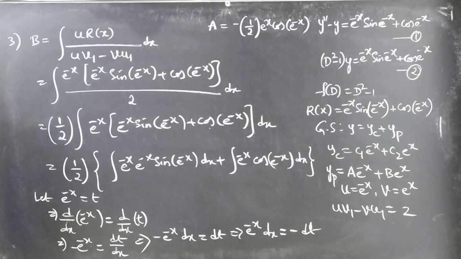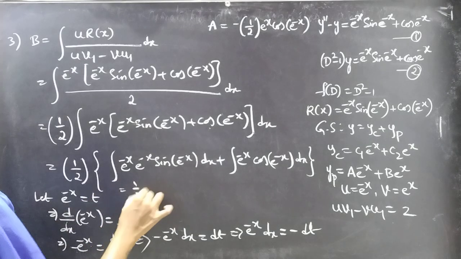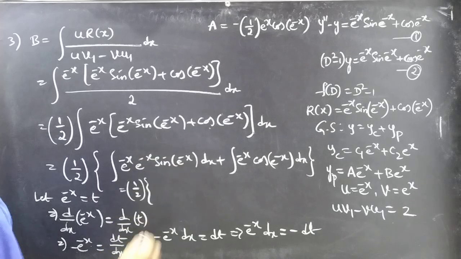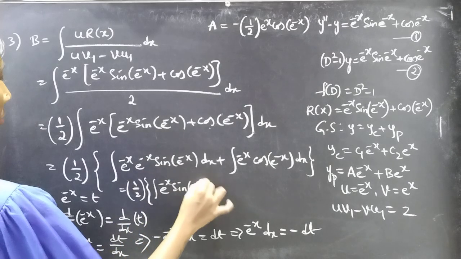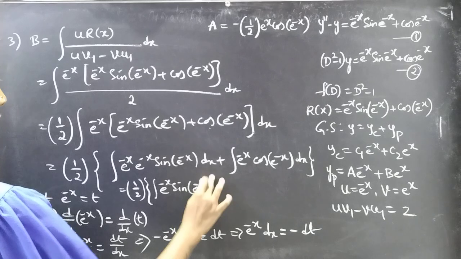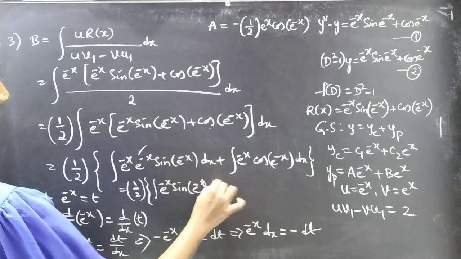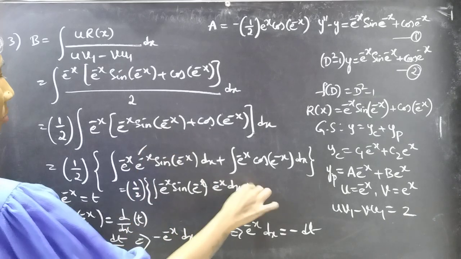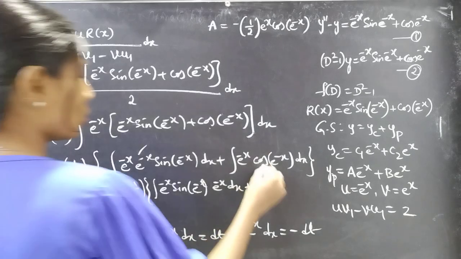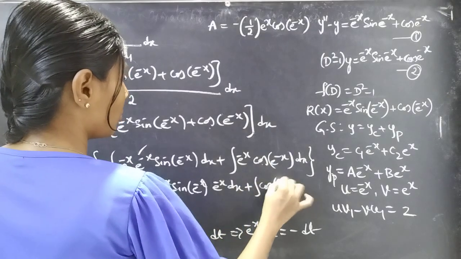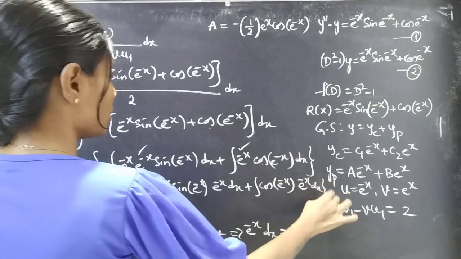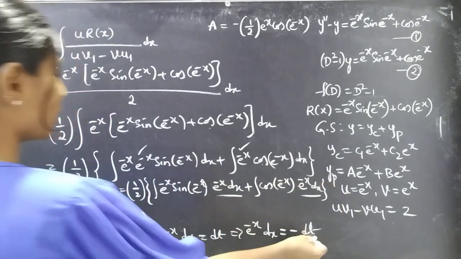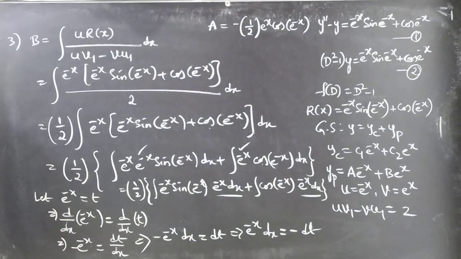Now replace e power minus x dx by minus dt and e power x by t in both the integrals. We can write this as 1 by 2 into the integral of e power minus x sine e power minus x into e power minus x dx plus the integral of cos e power minus x into e power minus x dx, so that in the next step we can replace e power minus x dx by minus dt.